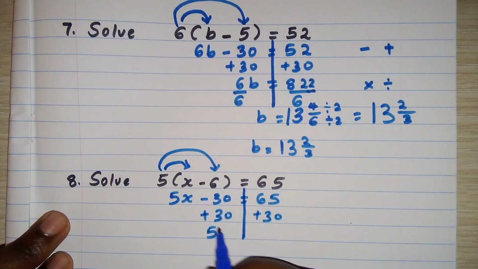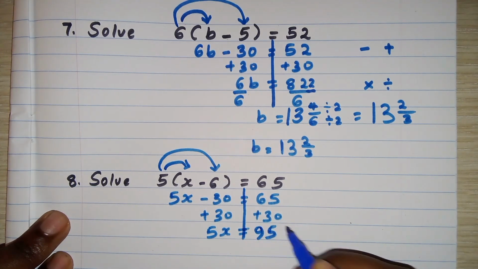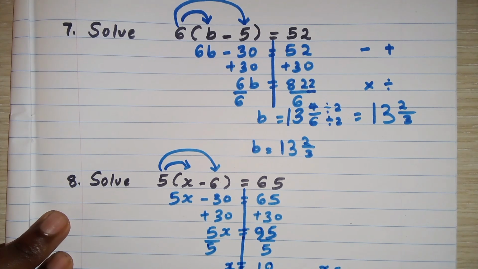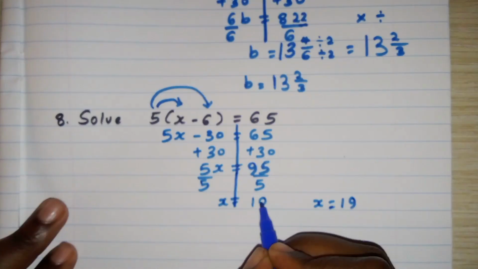And here we're left with 5x equals 65 plus 30 is 95. So 5 times, opposite of times is division. Divide by 5, x equals 19.